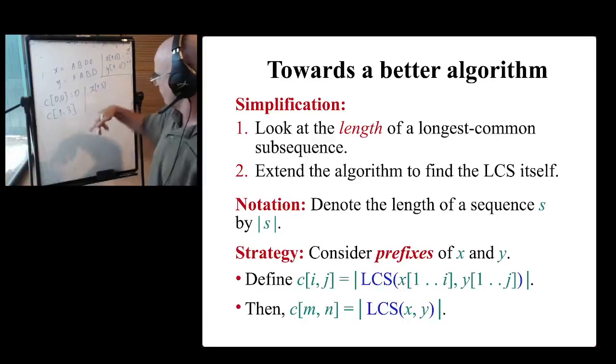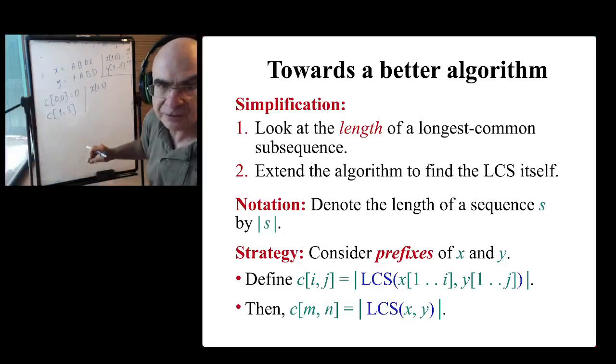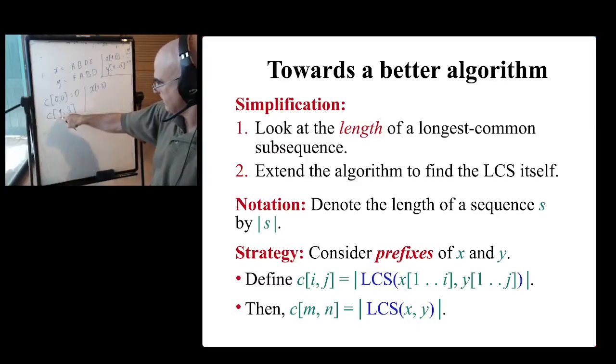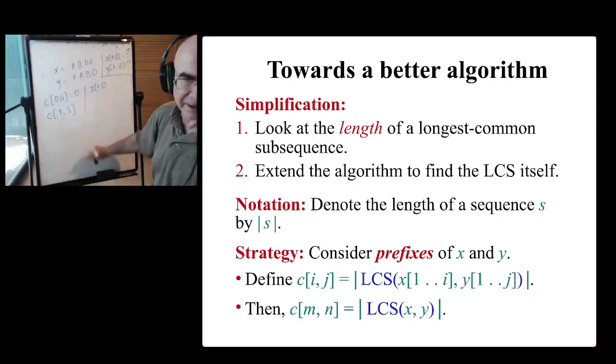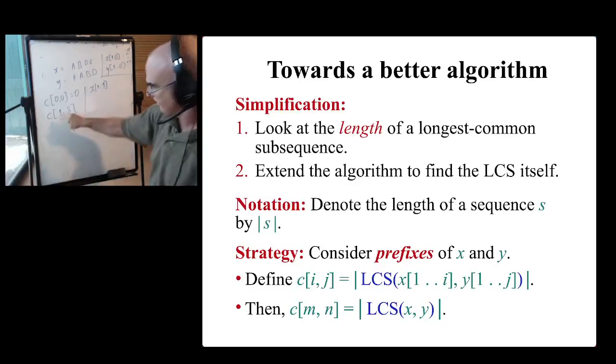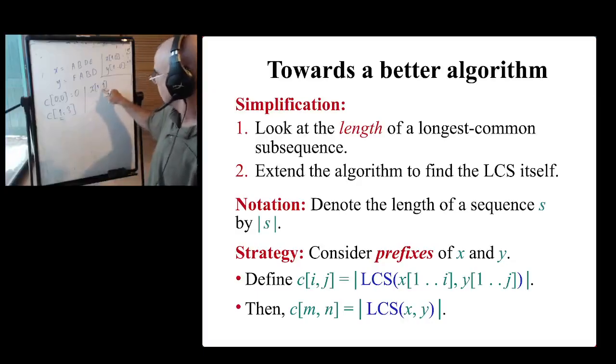I should have let you answer, but because we are running out of time, I'll answer myself. x of 1 dot dot 1. What is the 1 over here? It tells me to go to x and take the prefix that starts at 1 and ends at 1.